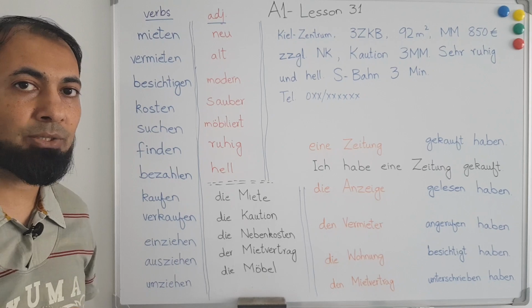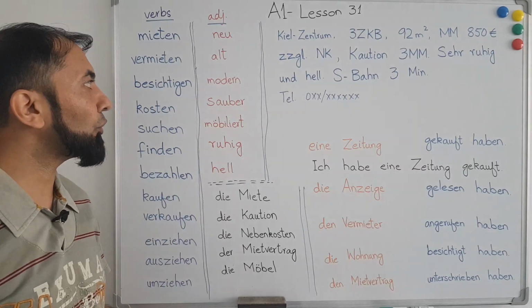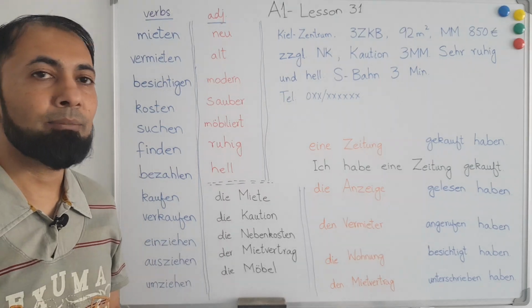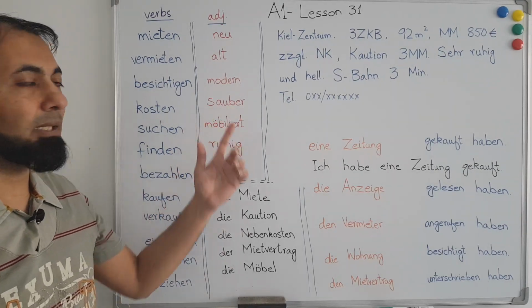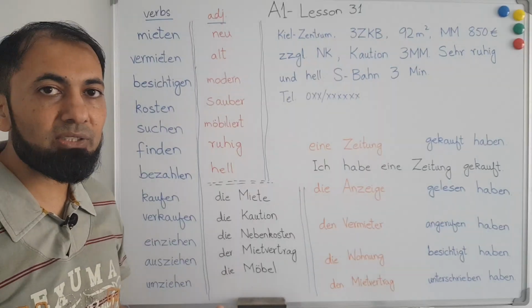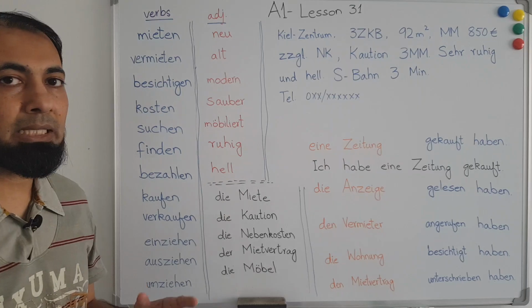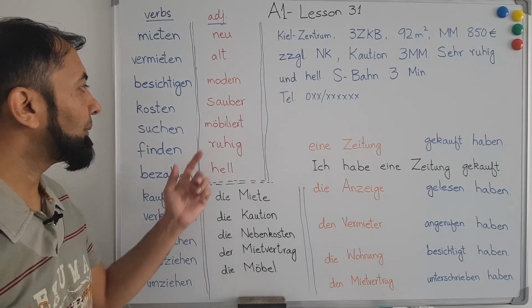The apartment is old. Modern. Die Wohnung ist modern. The apartment is modern. Die Wohnung ist sauber. Or die Wohnung ist nicht sauber. The apartment is clean or the apartment is not clean.